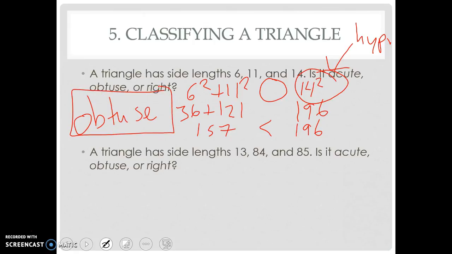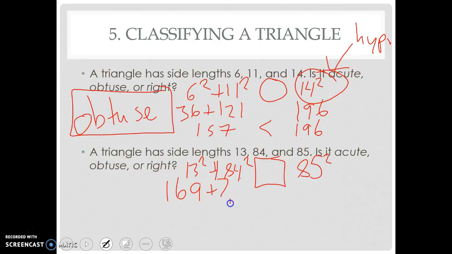Then the last one says a triangle has side lengths 13, 84, and 85. Is it acute, obtuse, or right? So again, same thing. 13 squared plus 84 squared, and 85 squared. 13 squared is 169. 84 squared, 7,056.